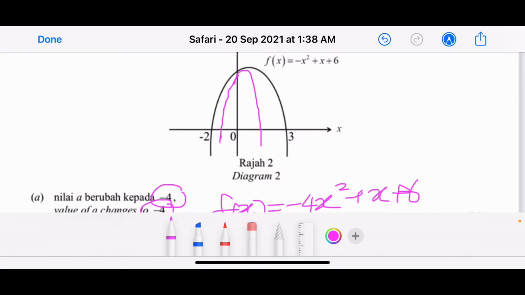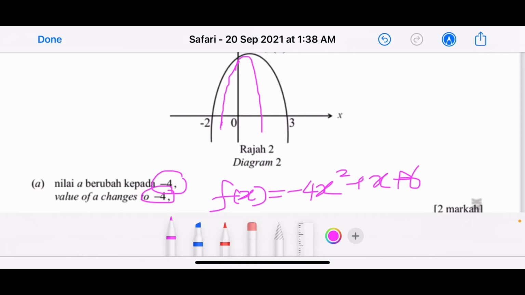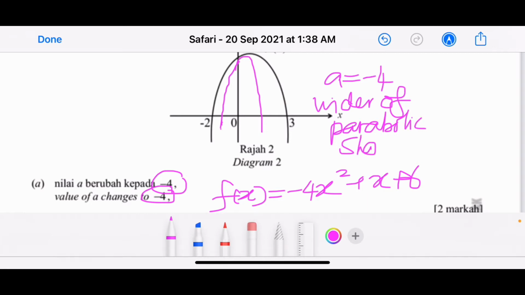Right, so this is when you change the a, so a becomes negative 4, the width of the parabolic shape will decrease.